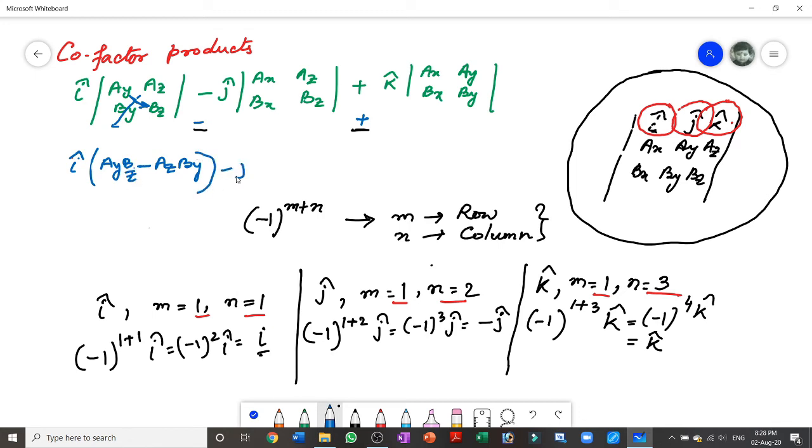Now give a minus sign, put j cap and write again this.